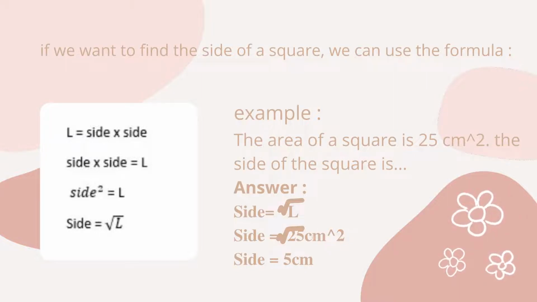So, area of a square is side square, and side is square root of the area of the square. For example, the area of a square is 25 cm square. The side of the square is... We can use the formula: side is the square root of the area of the square. So, side is square root of 25 cm square, and the result is 5 cm.